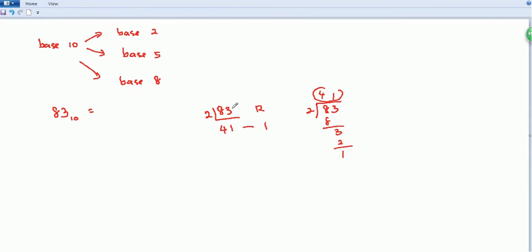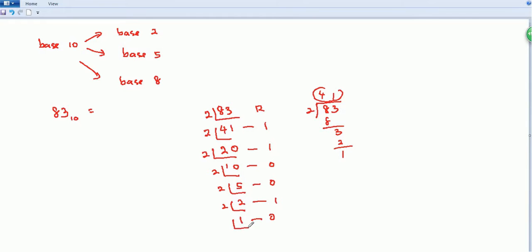But normally if the number is not very big, we can calculate this way as a shortcut, so we don't have to write this out. Every time we divide by 2, because we want to change it to a number in base 2. Continuing, 41 divided by 2 is 20 remainder 1, 20 divided by 2 is 10 remainder 0, and so on, 2 goes into 2 once, remainder 0, and finally 1 divided by 2 you get 0 remainder 1.